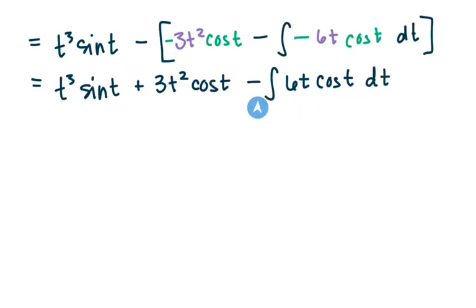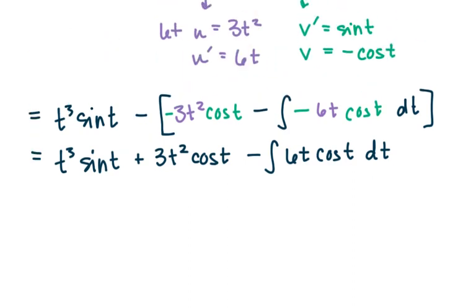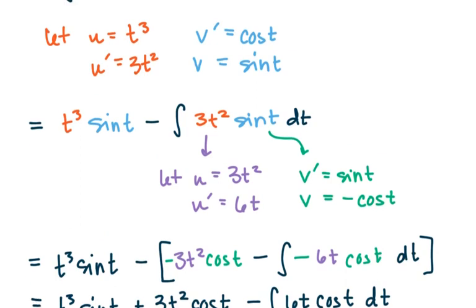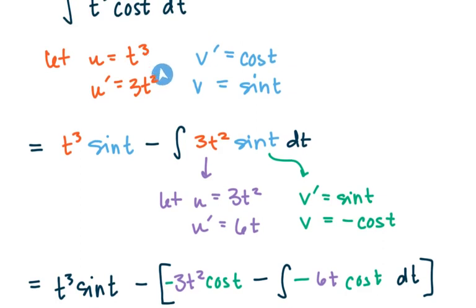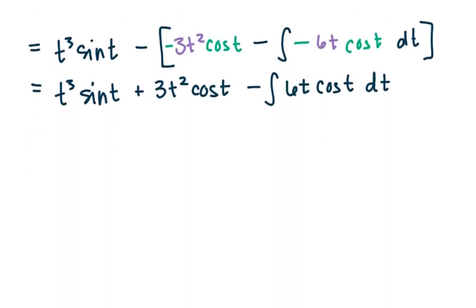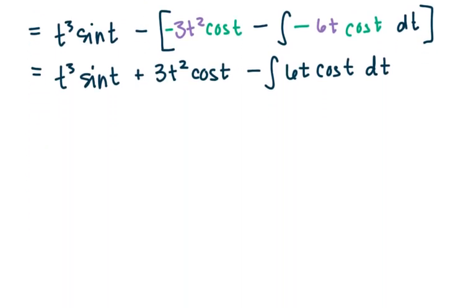So this step, again, we have to use integration by parts. And you'll notice, the first time I integrated, I went from cubed to squared. Now I've gone from squared to linear.